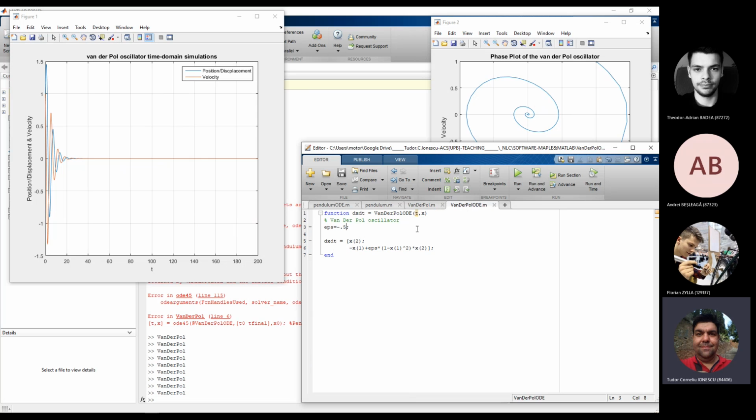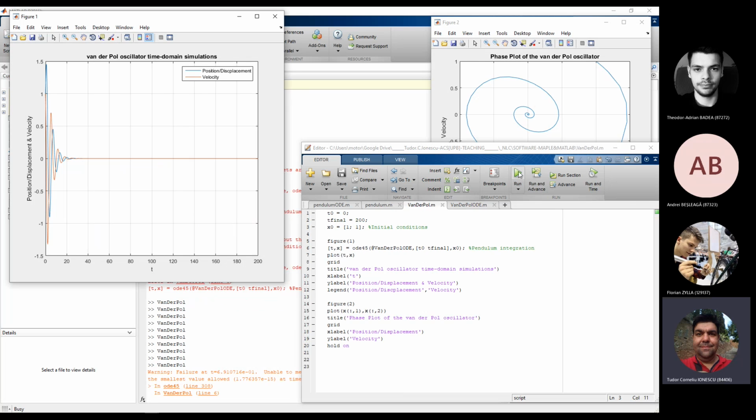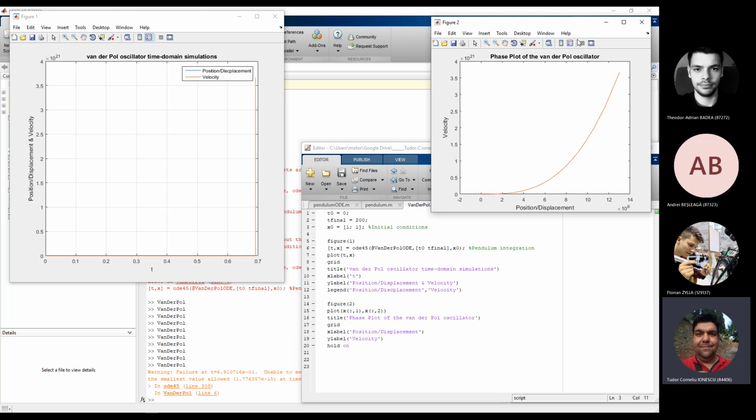Let's see what happens if you take larger negative values. Let's see if it stabilizes. Nope, it becomes actually unstable. And this is called an unstable node behavior. It's a node because it starts from the equilibrium point 0 here and goes towards the unstable behavior.